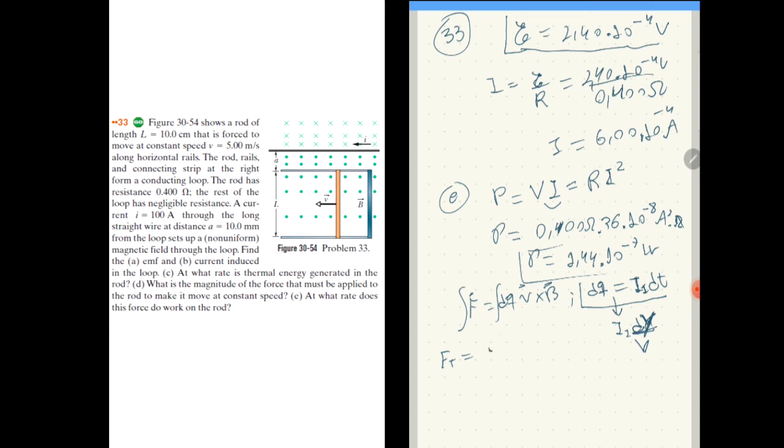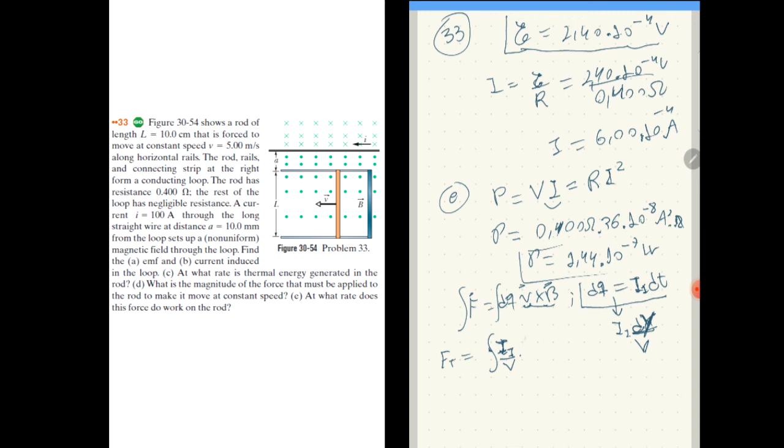So we get the total force acting equals, and we have to consider the right direction of the particles, the particles which are perpendicular to the magnetic field because of this vector product in here. So we get I, the current induced, times B, the magnetic field.